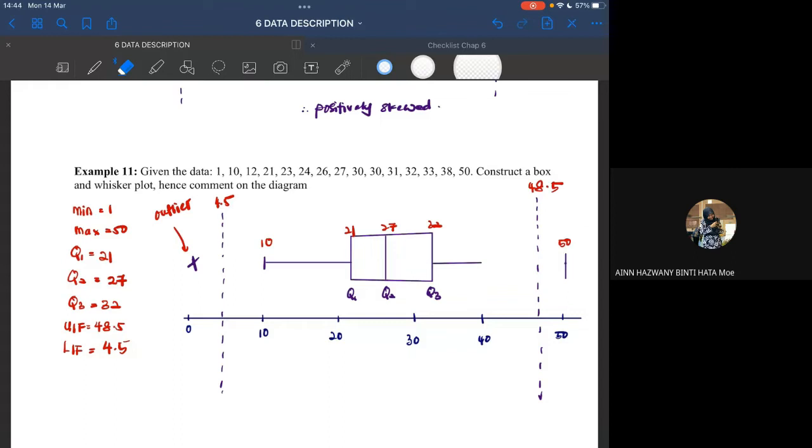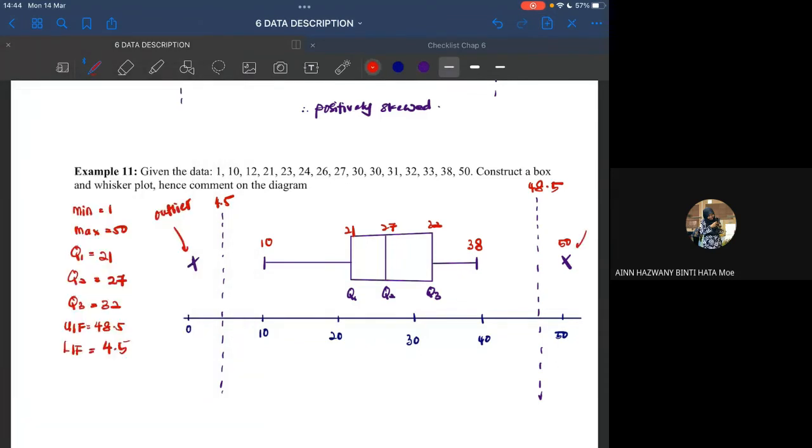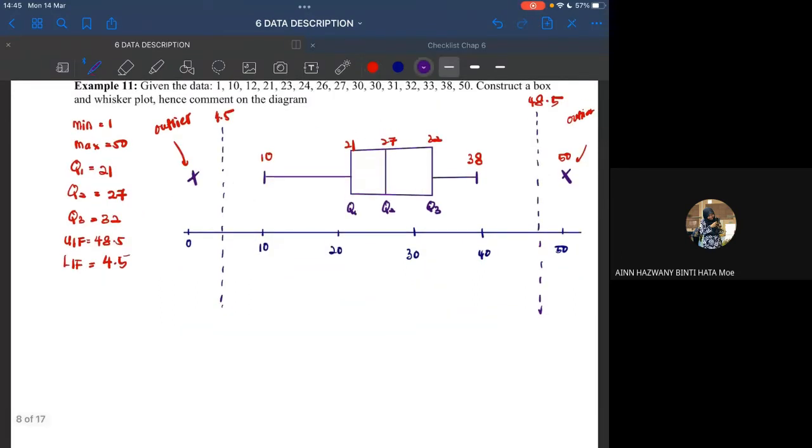Padam sampailah ke 38 to 40. So, this is 38. Okay. And 50 ini akan jadi kamu punya outlier. Okay. So, this is going to be our outlier. So, dalam data kita yang ini ada 2 outlier lah. Okay. So, apa yang kita boleh concludekan dekat sini, data kita positively, negatively skewed.